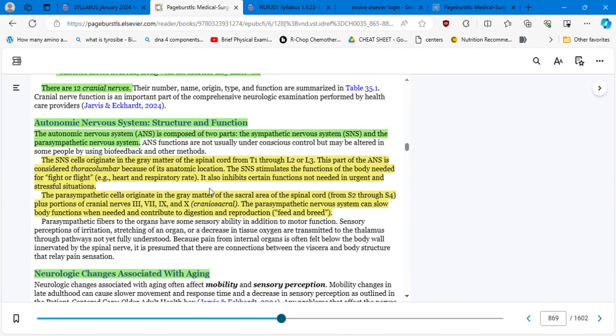Make sure you understand this, and I don't want you to get confused that the sacral has any relation with cranial nerve 3, which is in charge of the pupil constriction. Okay? Make sure you get deep into this knowledge, and when we come back, we are going to check the neurologic changes associated with aging. So far, we have finished with the anatomy and physiology of the nervous system.